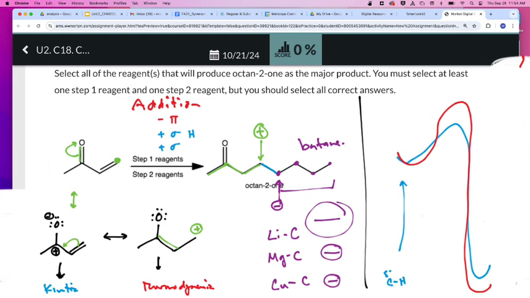Okay? When we look at the lithium carbon and the magnesium carbon, both of those are very reactive carbons. Because they are very reactive carbons, they react as fast as humanly possible to neutralize the negative charge. So what do they react with? The oxygen. I understand what you're saying, but the carbonyl carbon generating our kinetic product.